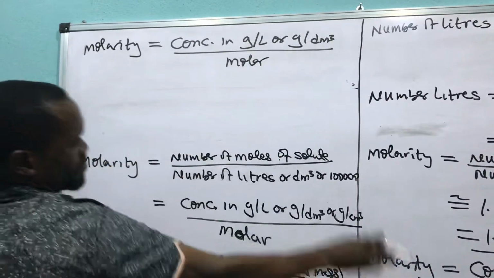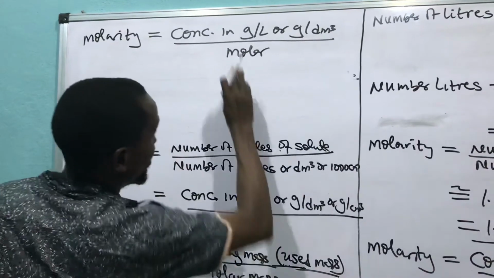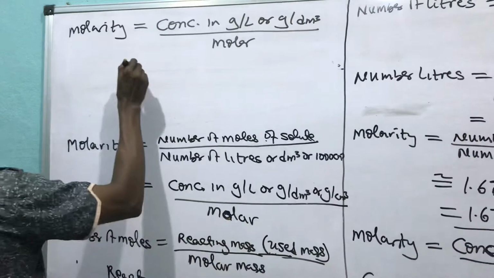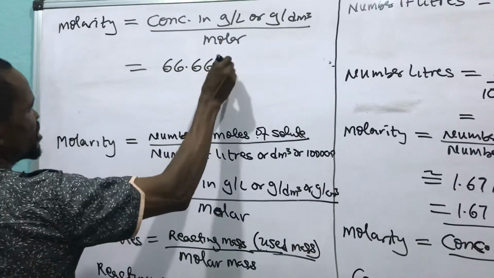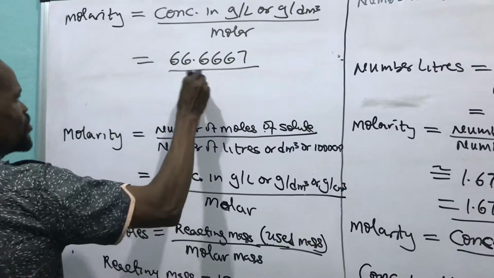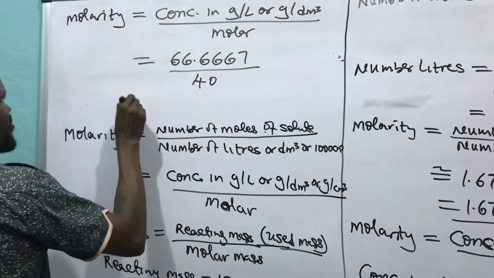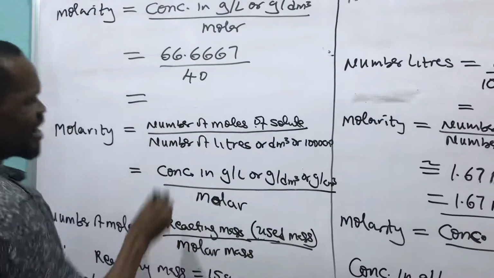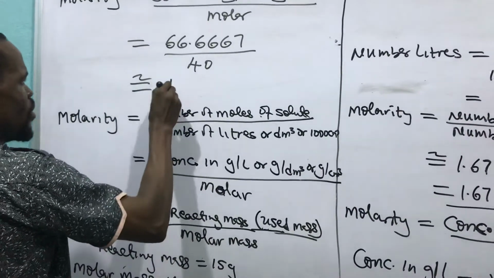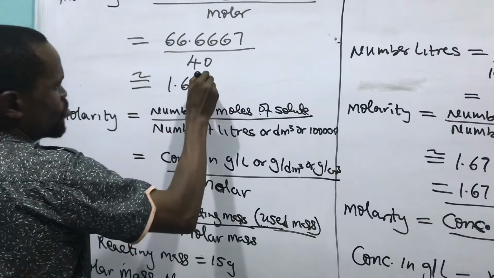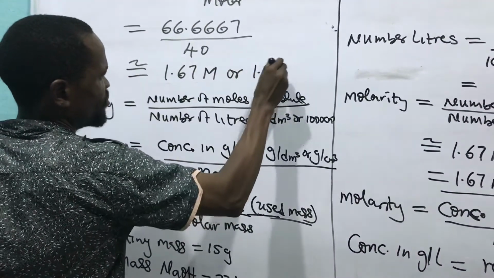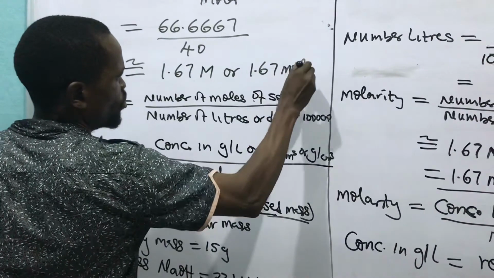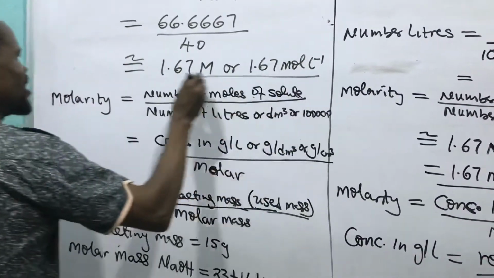My gram per liter is already calculated. I have to substitute. I have 66.6667. My molar mass is 40. And when you divide this, we are going to arrive at approximately 1.67 molarity or 1.67 mole per liter. And that is our answer.